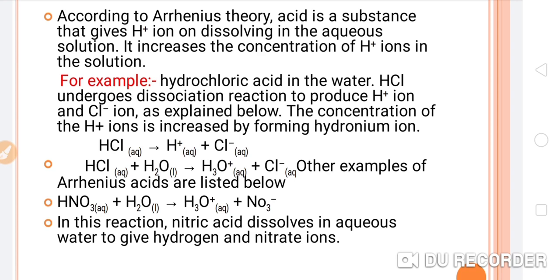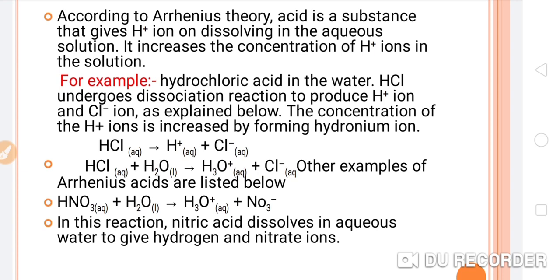Other examples of Arrhenius acids are listed below. Nitric acid: when dissolved in aqueous water, it gives a hydronium ion and nitrate anion.